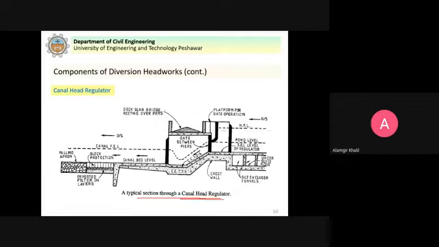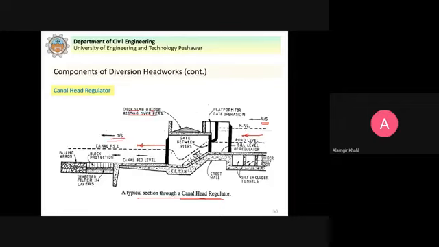You can see we have a deck slab bridge resting over the piers, a gated structure. And this is the upstream. The water will flow in this direction. And this is the downstream. So the water will move through the gated structure into the canal downstream.